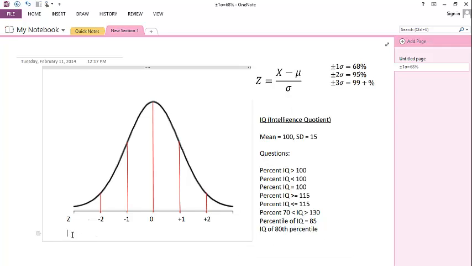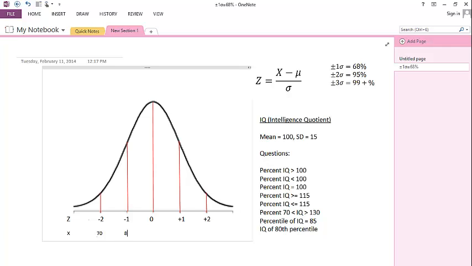And then if we put in, we have a mean of 100 and a standard deviation of 15. So this is calculated from all the data. So these are the x values. And at minus 2, that would be an IQ of 70.